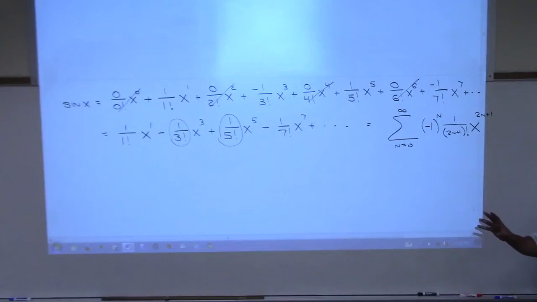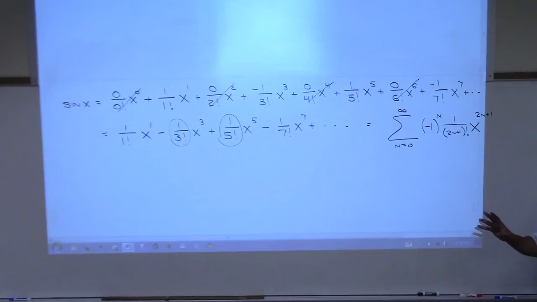Plus, what was the third number in our list? 0. So 0 over 2 factorial x squared plus negative 1, good, over 3 factorial x cubed. Yeah? Okay, keep going.